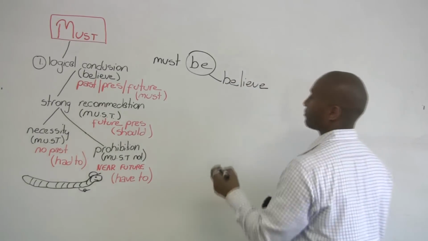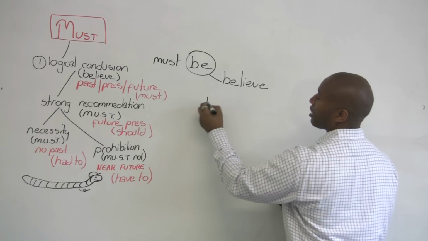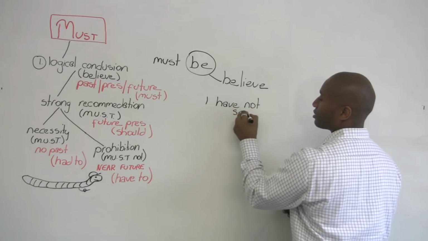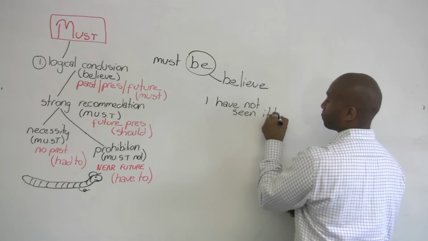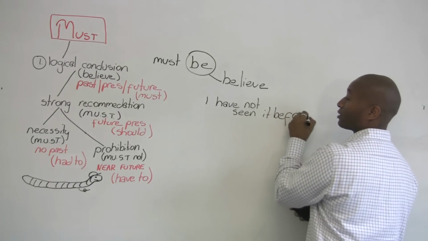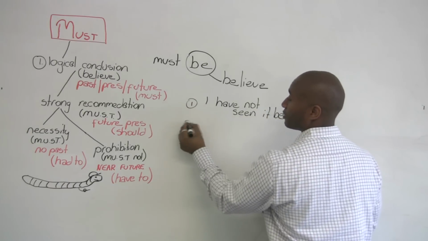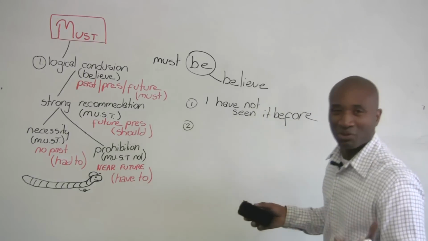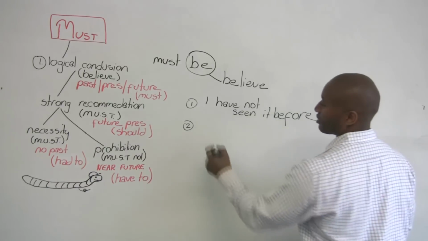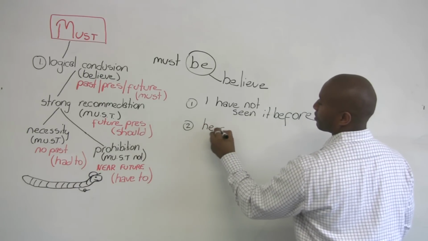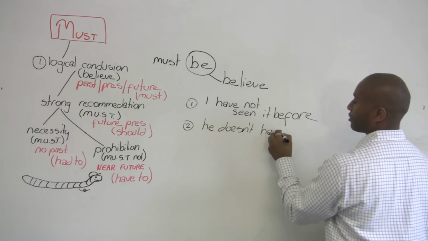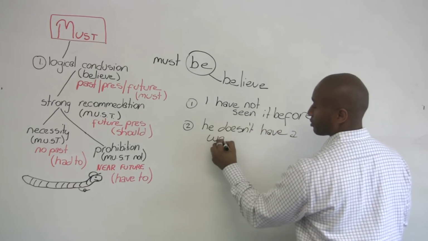Why did I say that? Number 1, I have not seen it before. Okay, that's number 1. Number 2, okay, well, it doesn't have to be new. I haven't seen it before, but he doesn't have a watch.